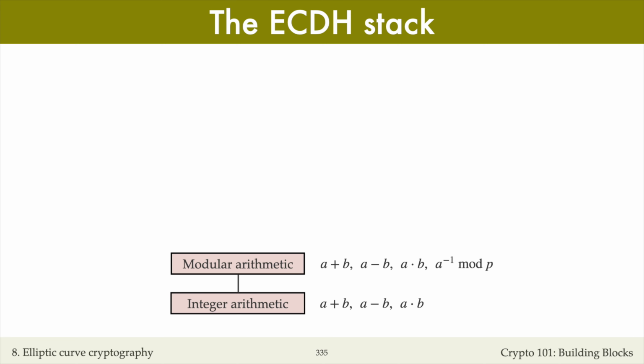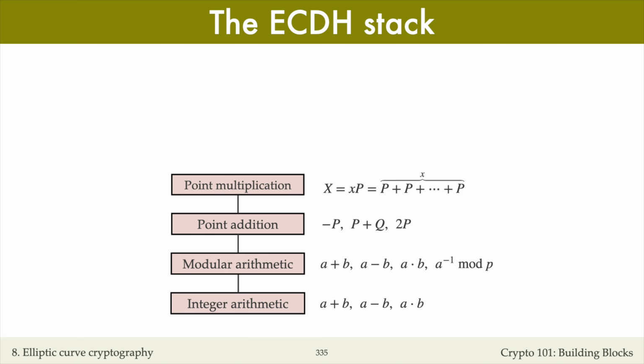Next, one needs a library for modular arithmetic, so addition, subtraction, multiplication, and inversion modulo prime p. One can then implement the elliptic curve addition law, which includes negation, addition, and doubling. Next, one implements elliptic curve point multiplication, the most important operation in ECDH.